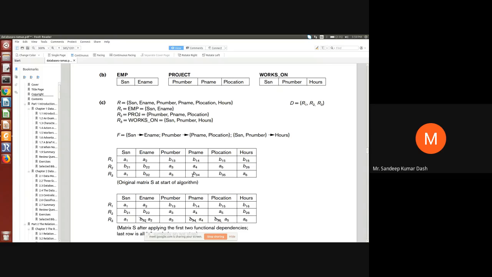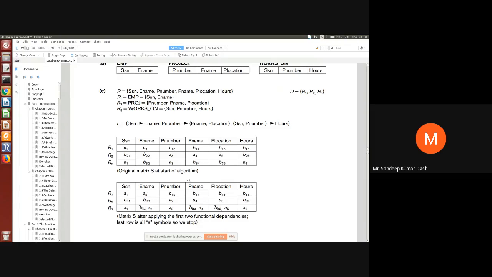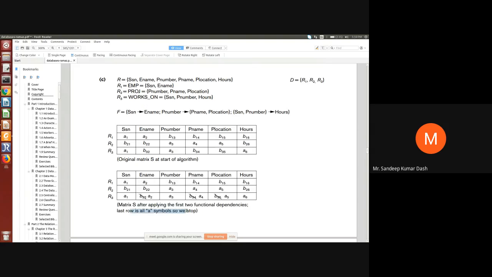Now what to do? I have to try and convert any row into all A. If any row gets all A, then we stop. So in the first row, I cannot reduce anything to A because it has only two attributes, SSN and ename, and they are linked.